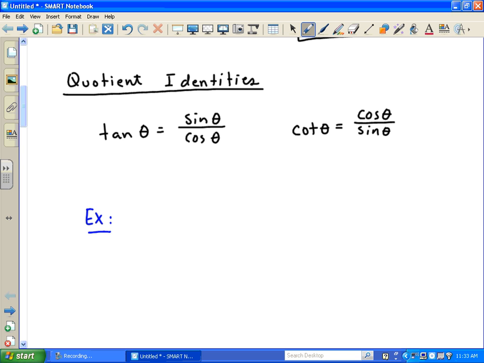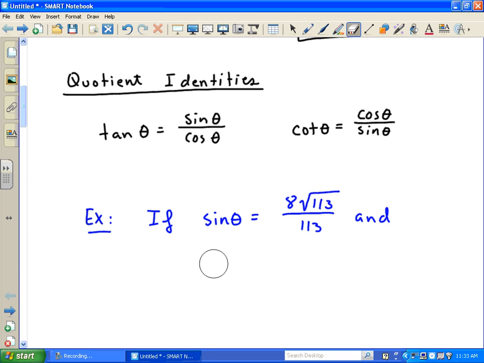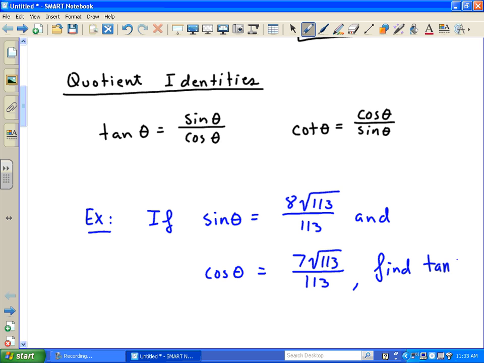Let me do an example that shows these two identities. For this particular problem, I'm going to be given two things. If sine of theta equals 8 square roots of 113 over 113, and cosine of theta is equal to 7 roots of 113 over 113, I want to find tangent of theta.